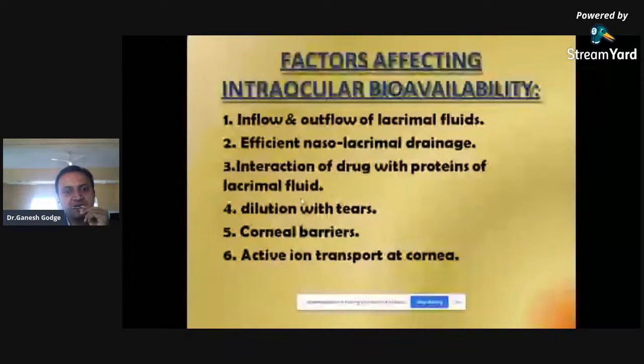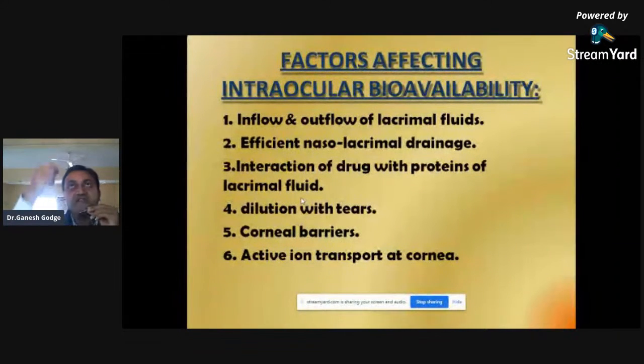The excess amount of drug has to pass somewhere. The one drop nearly contributes about 70 microliters, but the capacity of your ocular sac is to accommodate only 30 microliters, so the excess 40 microliters pass somewhere.